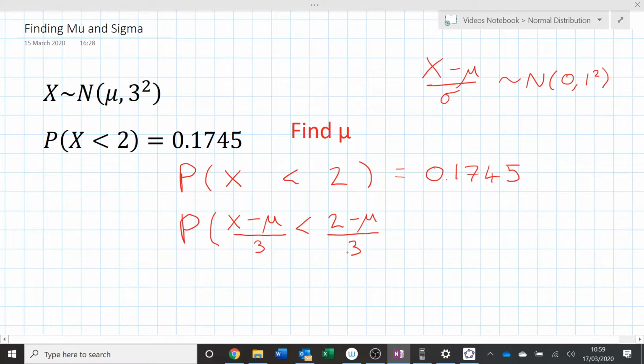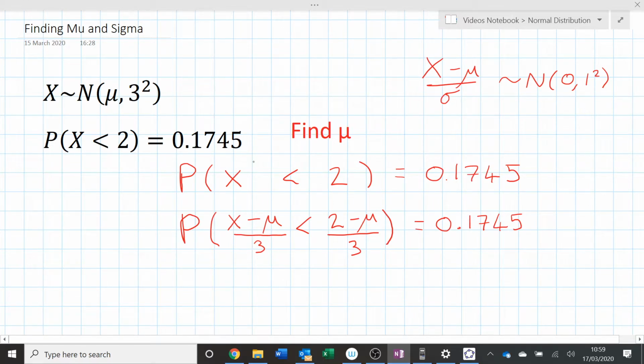I'm not going to have to change the direction of the inequality because sigma is always going to be a positive value, because it's a measure of spread. And this stays the same on the other side, because all I've done is change the inequality in exactly the same way that I could have multiplied both sides by 2 and said 2x is less than 4. I've just taken away mu and divided both sides by 3.